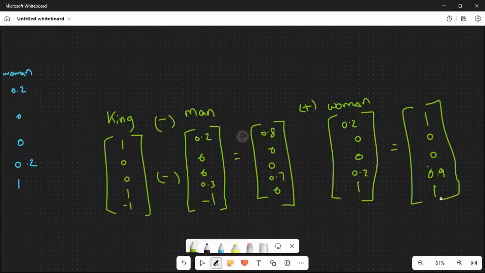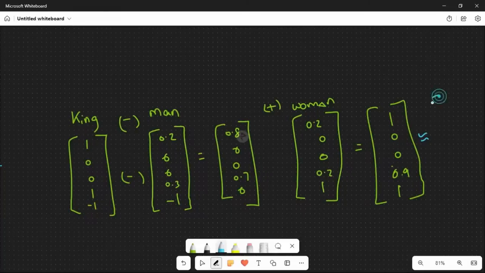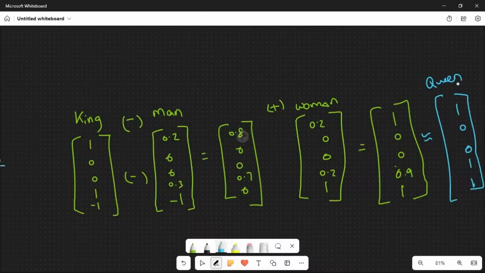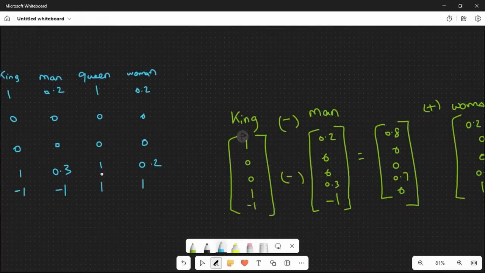And if you see, approximately this is equal to the vector 0, 1, 0, 0, 1 and 1, and this is nothing but the vector for the word queen. So we have already seen 1, 0, 0, 1, 1.